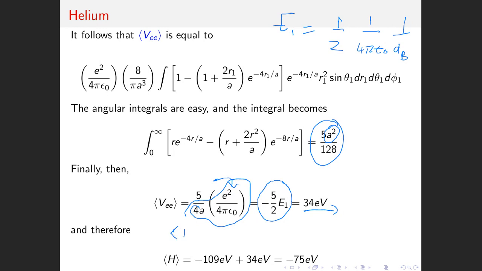So the full thing will be that there was that 8 multiplied by E1, which will give you minus 109 plus 34 electron volts. This gives you minus 75, which is very impressive, because if you remember, the final answer that we wanted was minus 79.